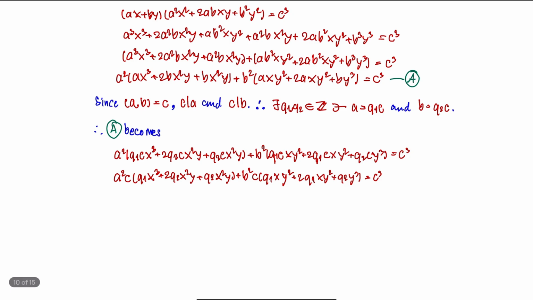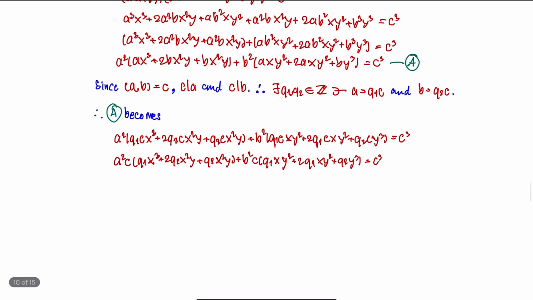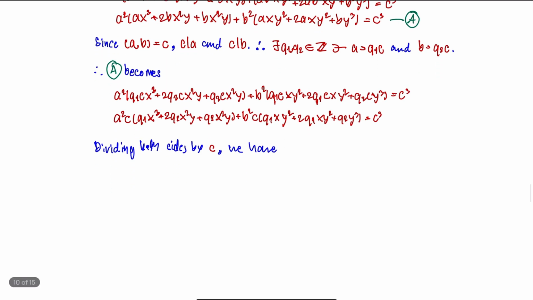If we divide both sides by c, then what happens? This c will be cancelled, right?